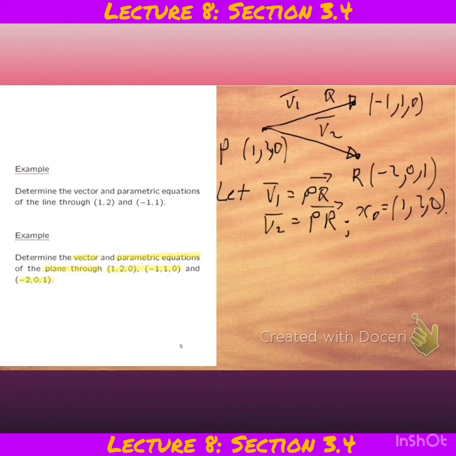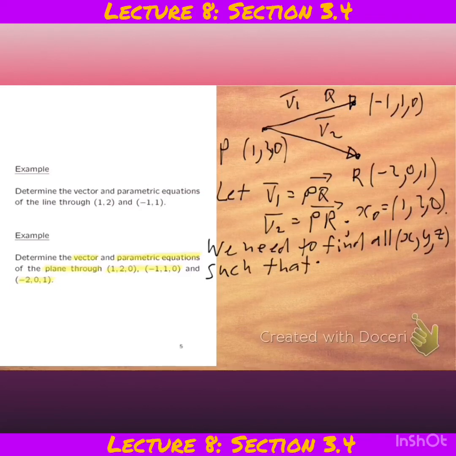To find the equation of the plane, we need to find all points x, y, z such that, remember we said that we want this vector to be the same as that vector plus t1 v1 plus t2 v2.